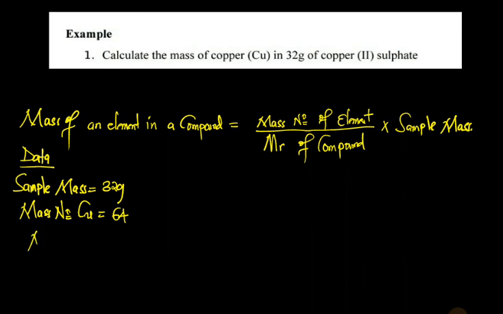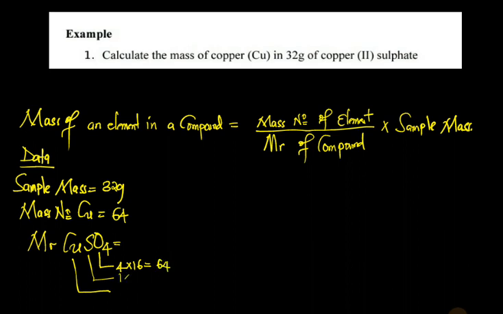Then you have the mixture of copper II sulfate. How do we go about it? You know that procedure, right? We have 4 oxygen, mass number 16, so 4 times 16 is 64.